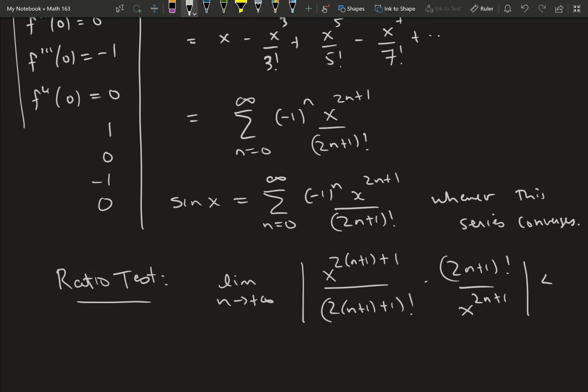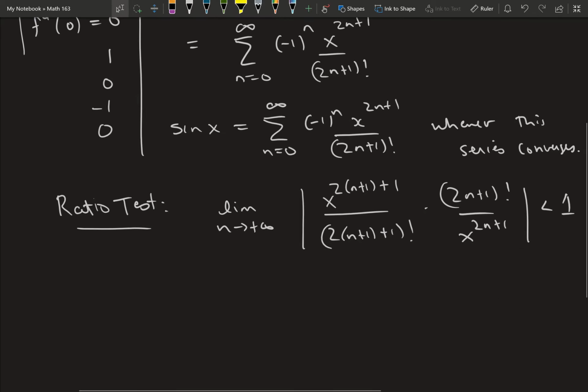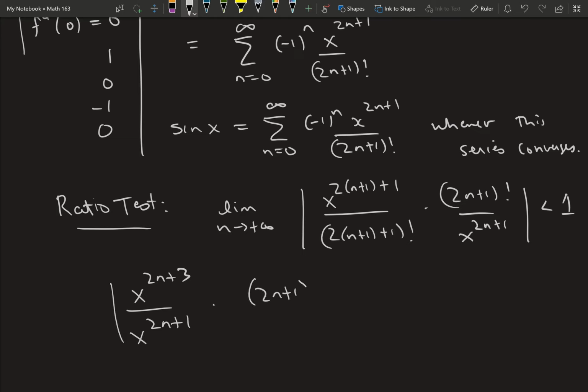And of course, we want this to be less than 1. Well, what do we get here? This is 2n plus 3 and 2n plus 1. So we have x to the 2n plus 3 divided by x to the 2n plus 1 times 2n plus 1 factorial divided by 2n plus 3 factorial. And we have our limit.